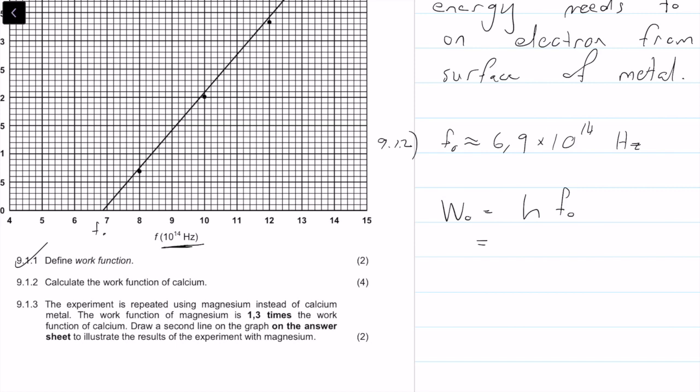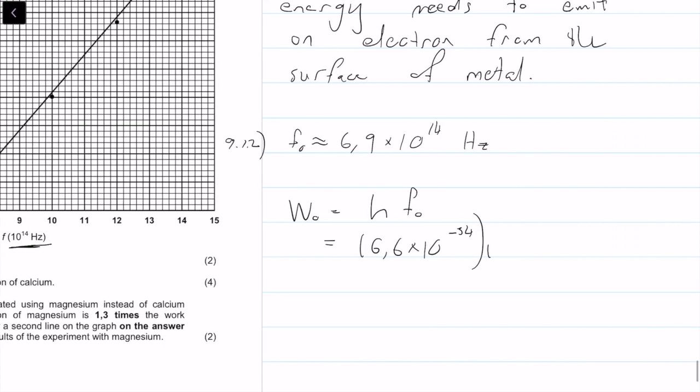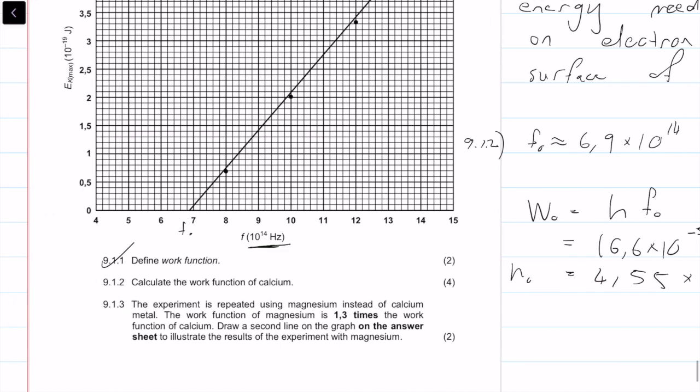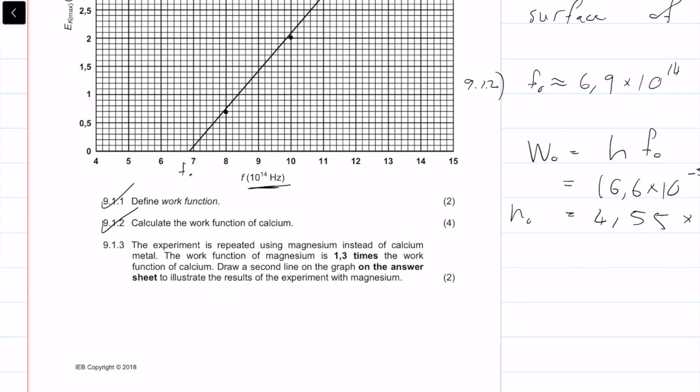We know Planck's constant is 6.6 times 10 to the minus 34 times F naught, which is 6.9 times 10 to the 14. And we get the work function is equal to 4.55 times 10 to the minus 19, and the units are joules. There we go, we get 4 marks.